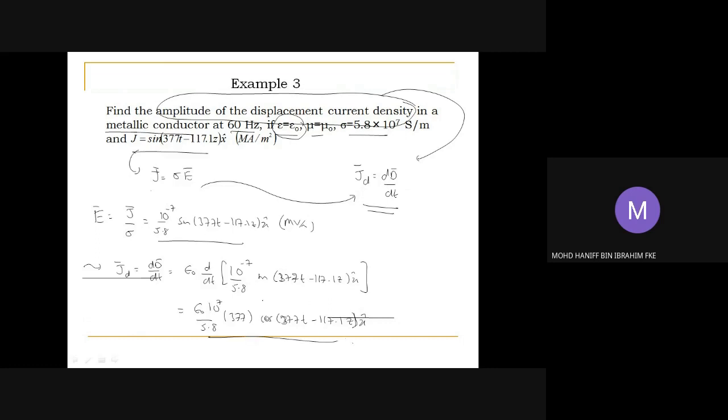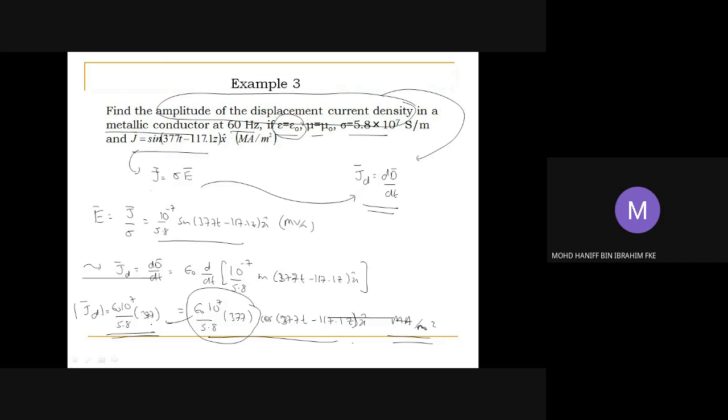So that should be your JD, which is the displacement current density in the units of mega ampere per meter squared. And the magnitude of it will be this one. So that should be the amplitude. So the JD amplitude will be simply epsilon naught 10 to the power of 7 over 5.8 multiplied with 377. That should be the amplitude for your displacement current density.